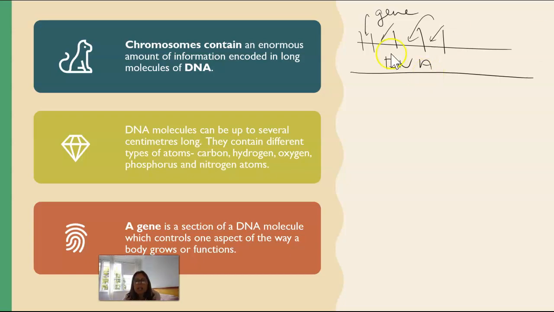So this part here may be controlling our eye color, and this part down here might control whether our ear is joined or detached. There's a whole host of genes that control things that you've probably never even thought about before.